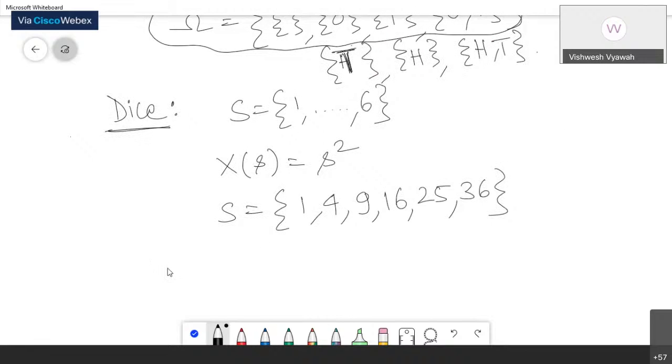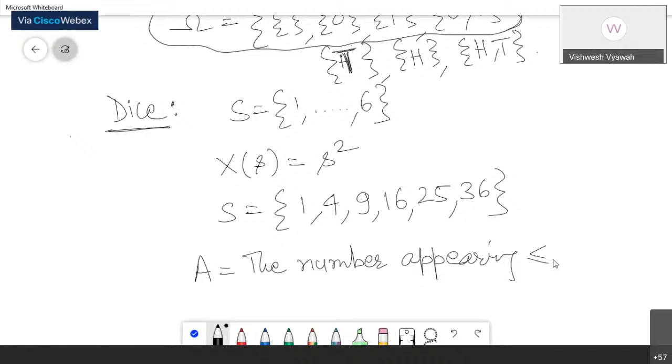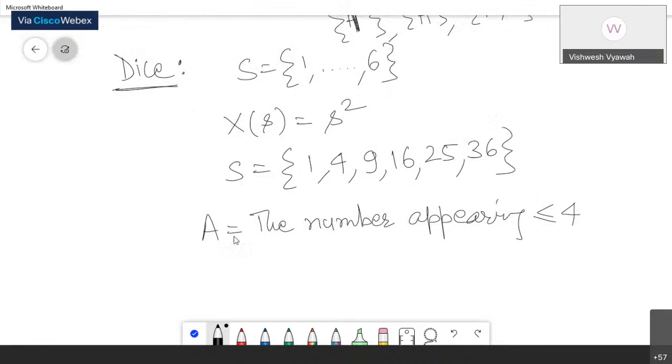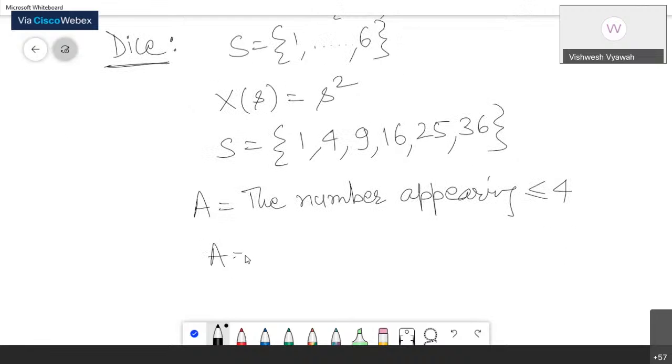Now I define an event A. The number appearing is less than or equal to 4. I throw the dice, and the number appearing is less than or equal to 4. This is an event A. How do you define this event A?